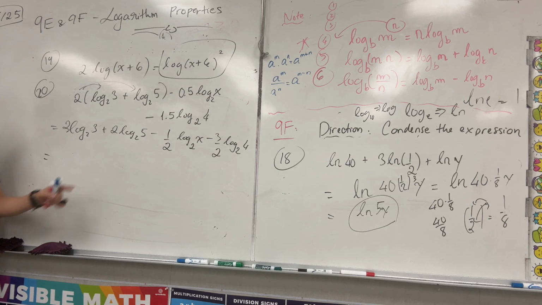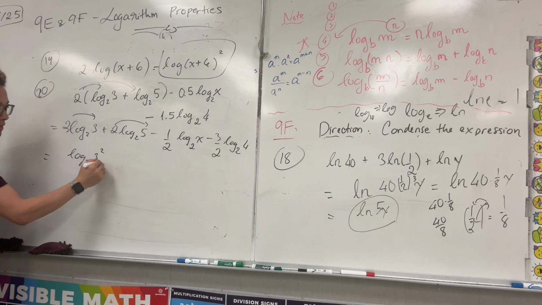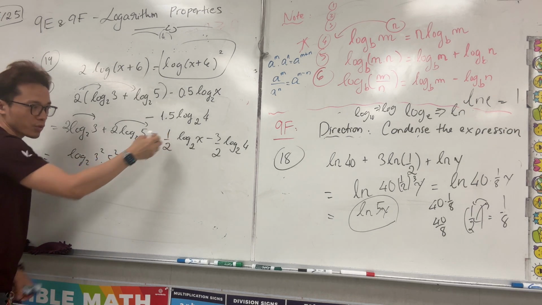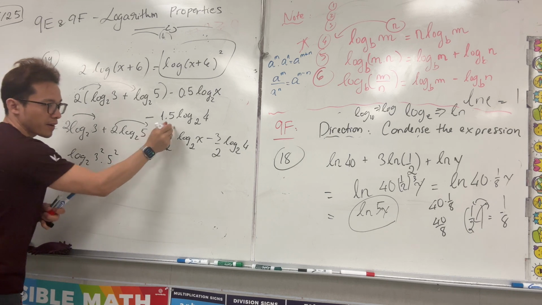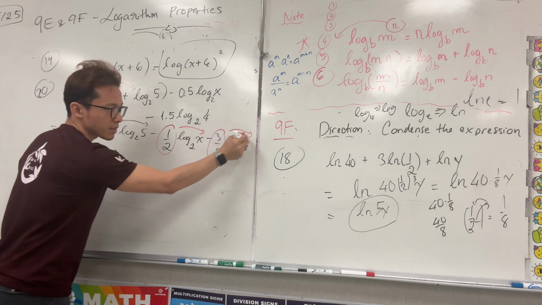Now you can put the power back. So you have 3 squared times 5 squared, or 3 times 5 squared, like Nico said. Minus, you also need to move the 1/2 on the front to the power of the x, and the 3/2 on the front to the power of the 4.